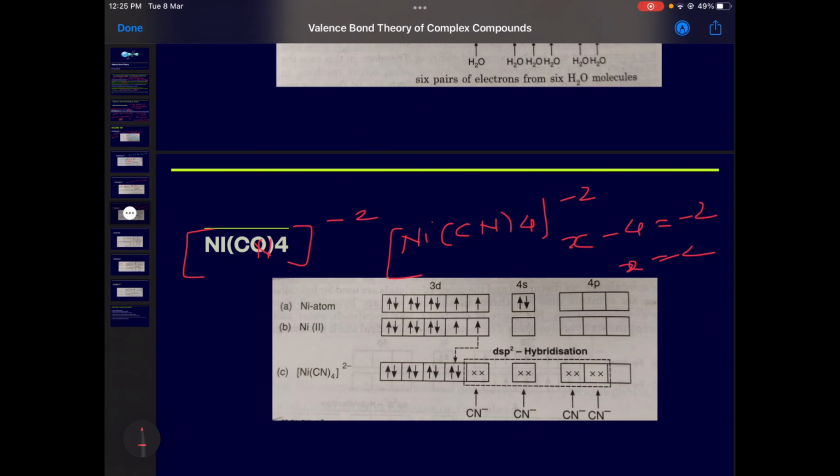Nickel is 28, so it is 18, 3d8 and 4s2. It has a 2 oxidation state, so you can remove these 2 electrons. Here cyanide is a strong ligand. Just now I told you that cyanide and carbonyl are strong field ligands. So this will go for pairing up of unpaired electrons, and this becomes dsp2, and this is called a square planar complex.